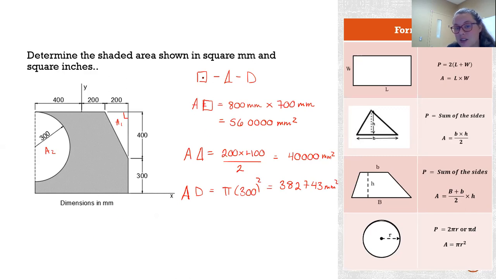All right, so now that we have all of those, we can just do our math subtracting. So we're going to take our square, we're going to cut off the triangle, so that'll get rid of this piece, and cut out the semicircle.